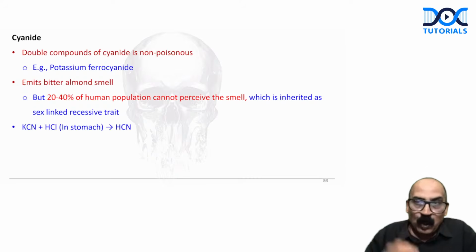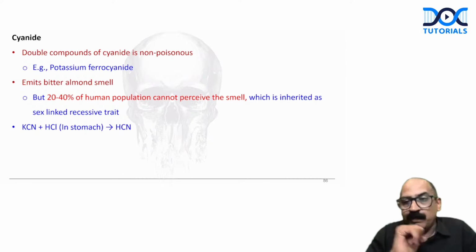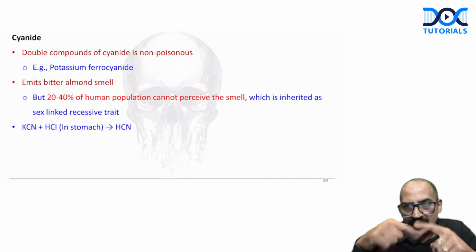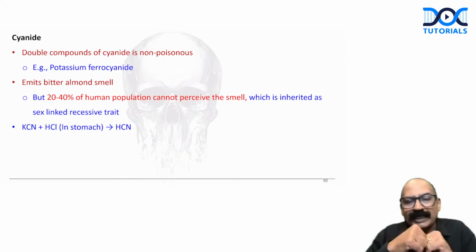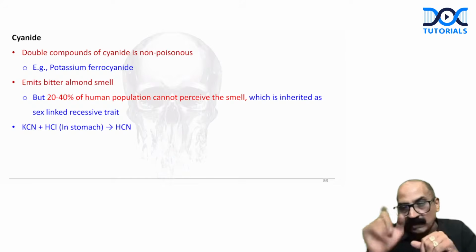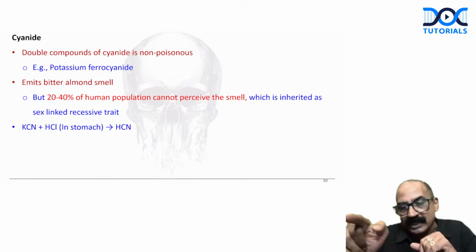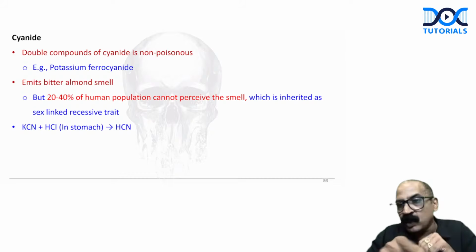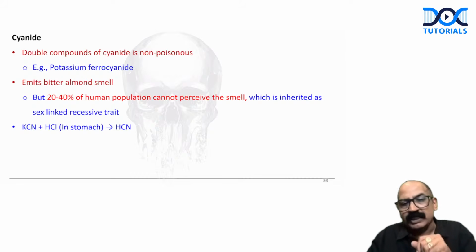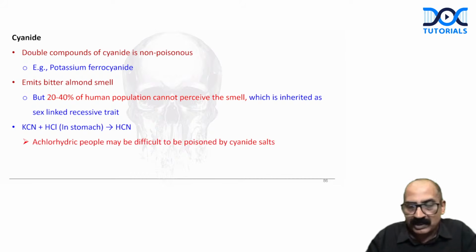Number three, when you take a cyanide salt, it enters into the stomach, combines with hydrochloric acid and forms hydrocyanic acid. If a person is suffering from achlorhydria, potassium cyanide will not get converted into hydrocyanic acid, then it may not become toxic. So they have very good prognosis.